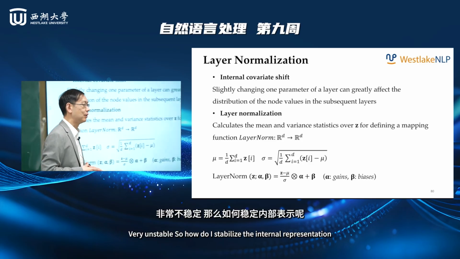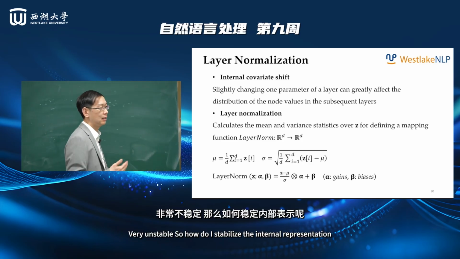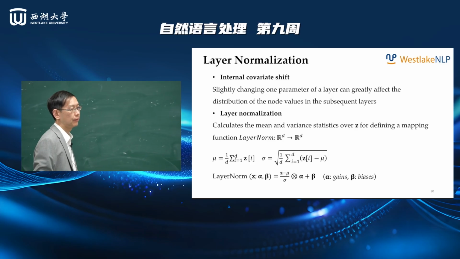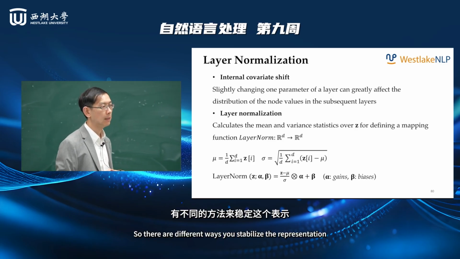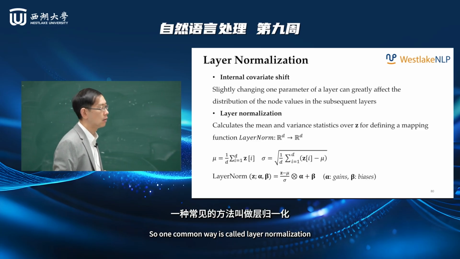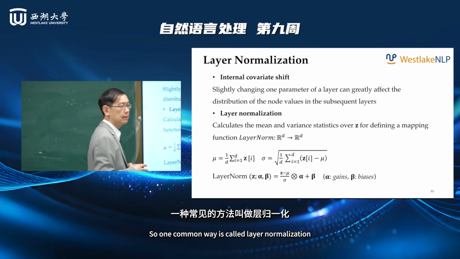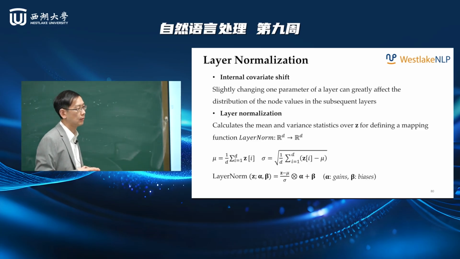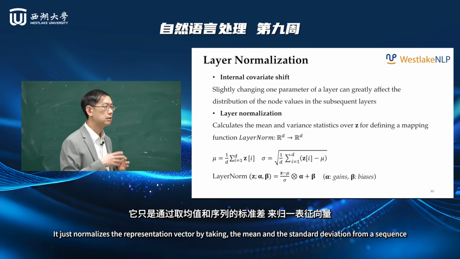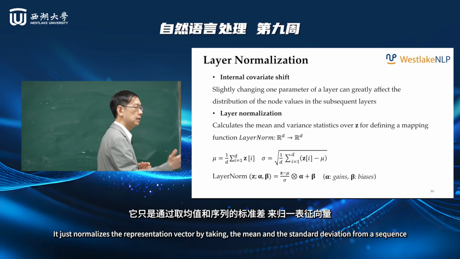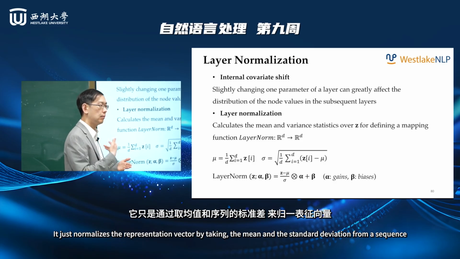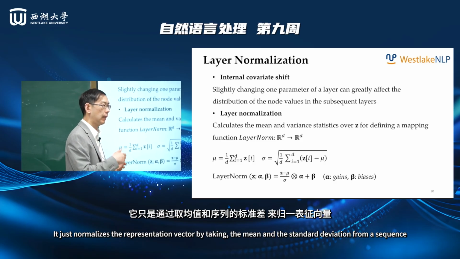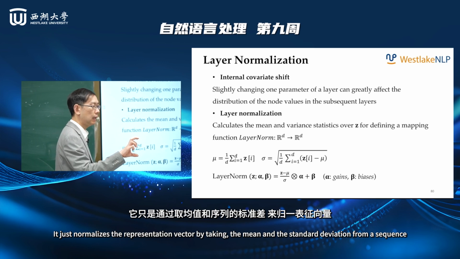Very unstable. So how do I stabilize the internal representation? There are different ways you stabilize the representation. One common way is called layer normalization. It just normalizes the representation vector by taking the mean and the standard deviation from a sequence.